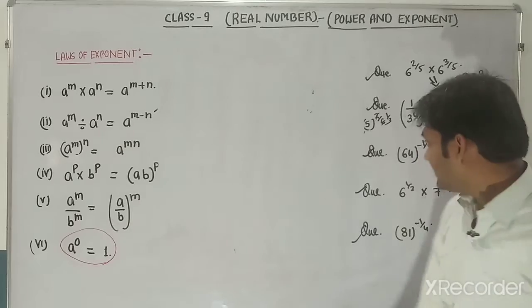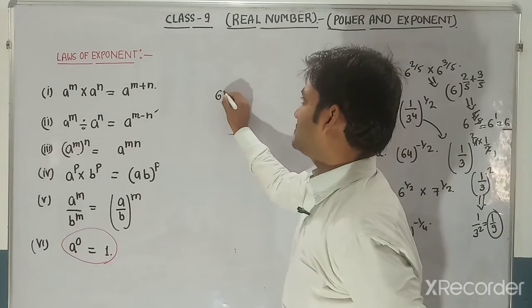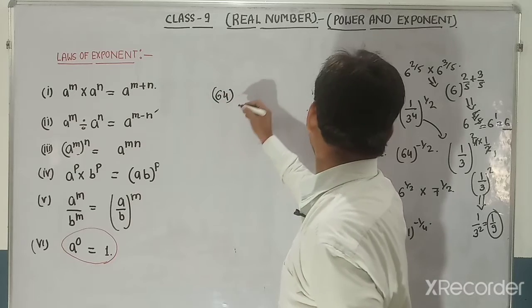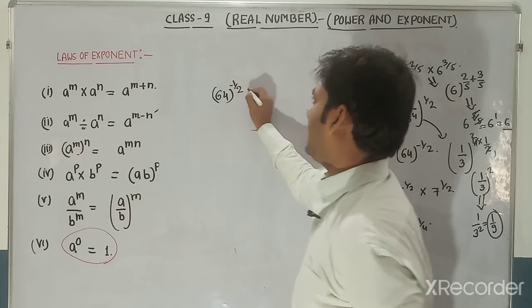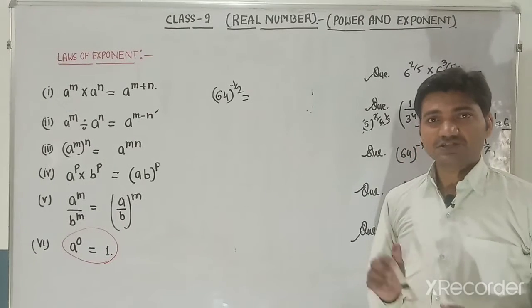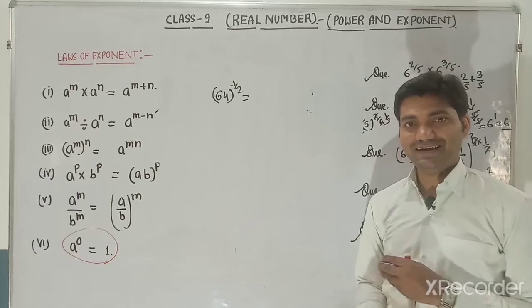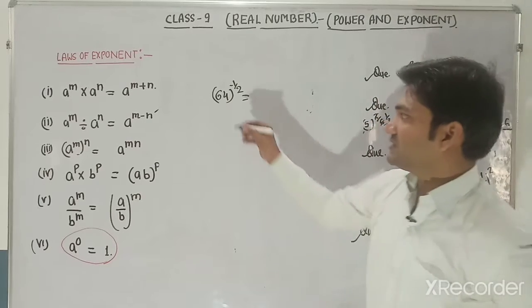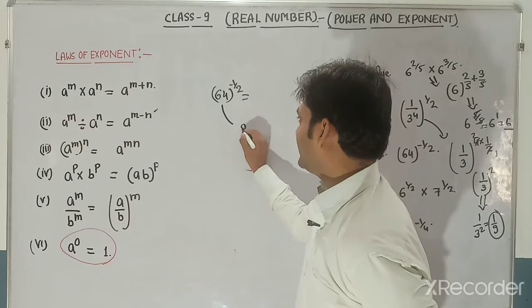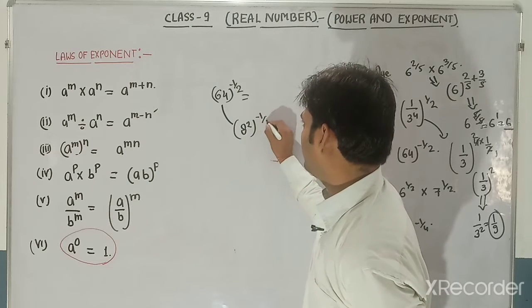Then how do we simplify the next question? The question given is 64 power minus 1 by 2. How do we simplify this question? We can write 64 as 4 power 3, or you can write 8 power 2. First write 8 power 2, so this number is written as 8 power 2 whole power minus 1 by 2.